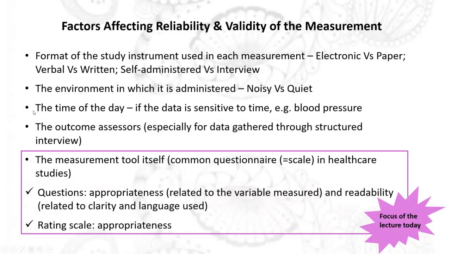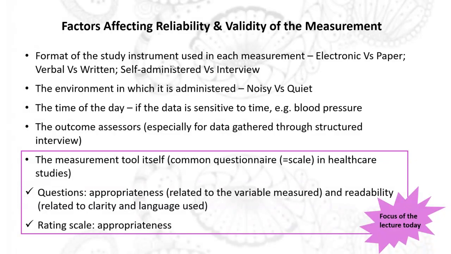For example, the above 4 points. First, the format of the study instrument used in each measurement, whether you use an online format or paper format. What I mean is the consistency of the format. We have at least 2 data collection times if you do interventional studies.